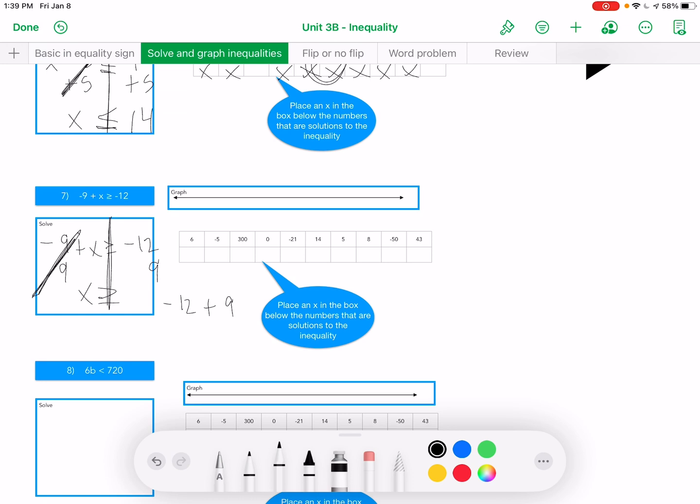Signs are different. Remember your T-chart. Negative, positive, so we're going to subtract, and we're going to get negative 3. So we want x to be greater than or equal to negative 3.